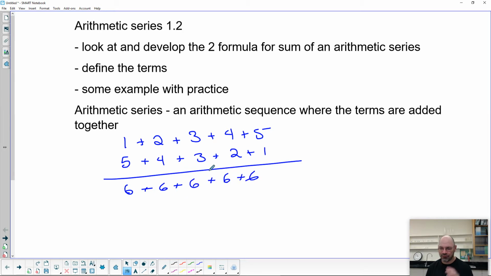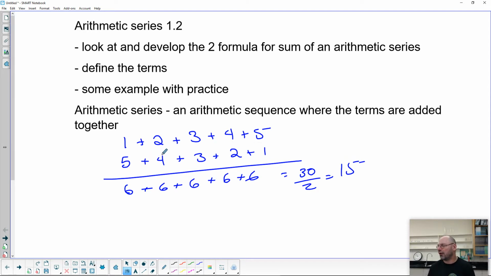So then it was 6 times 5. It's the first term plus the last term added together, times 5. So that would be 6 plus 6 plus 6 plus 6 plus 6. And because you have 2 series here and you want the sum of one series, you divide by 2. So this would have been just 30 divided by 2, which equals 15. And that's how he did it from 1 to 100.